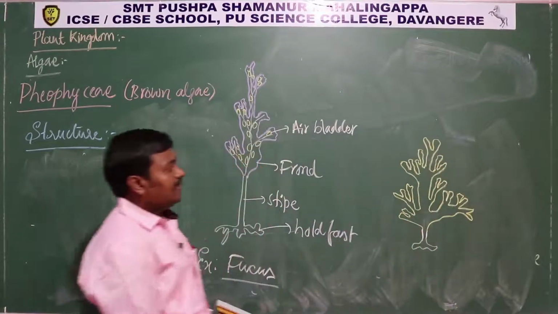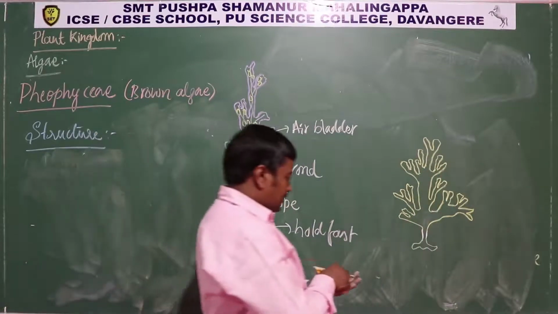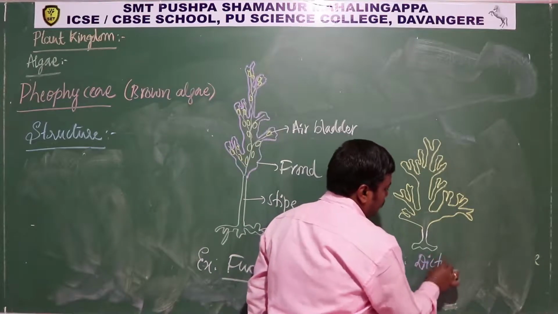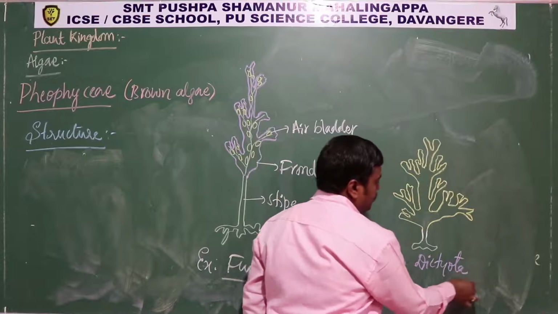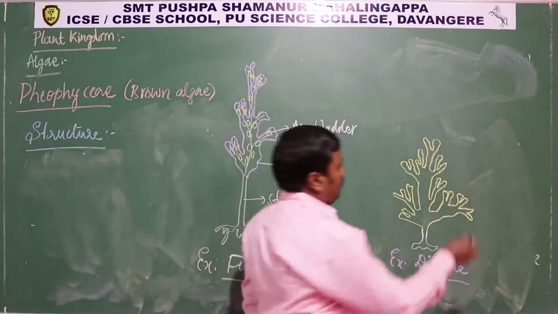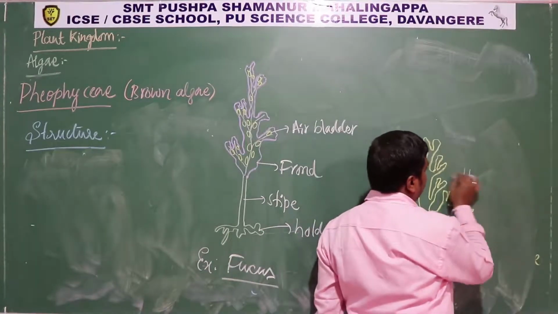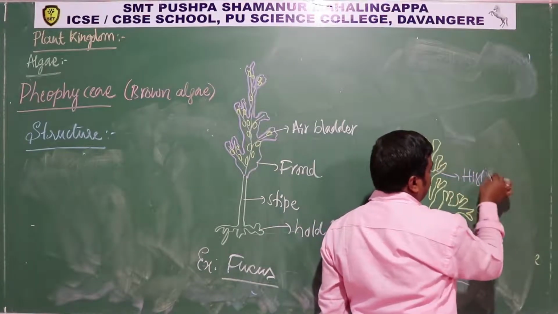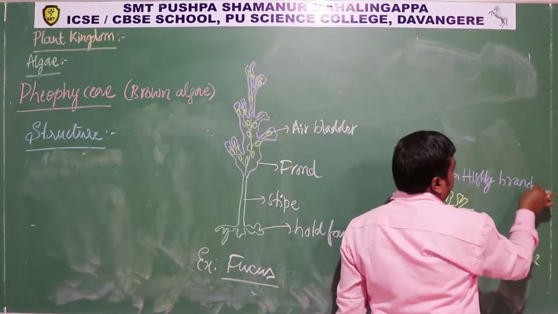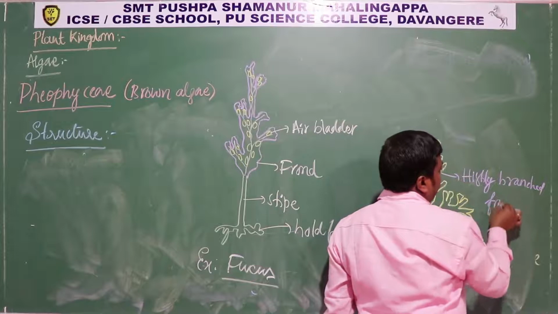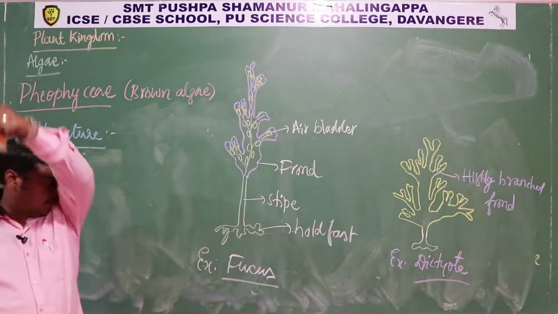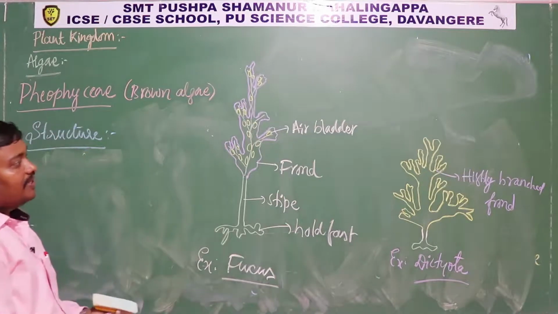Okay, so this highly branched structure is dictyota, and this is fucus. It is a highly branched frond, as in the case of dictyota.